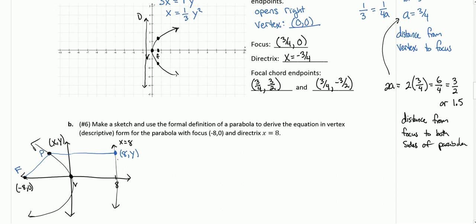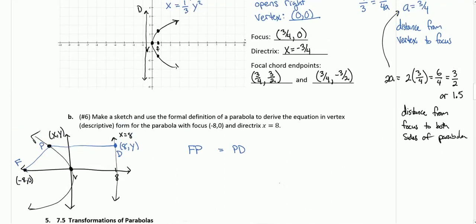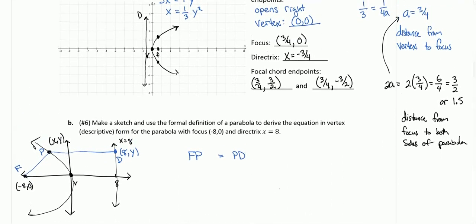I'll call that point D. So we know that FP is equal to PD. The distance from F to P is equal to the distance from P to D.